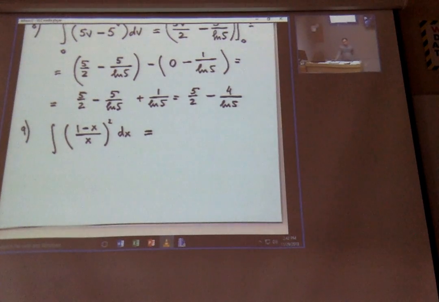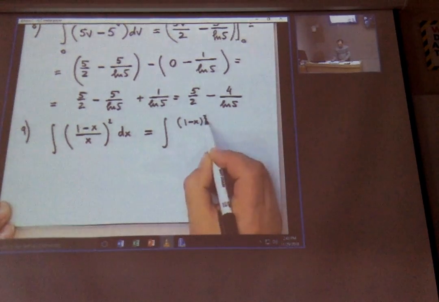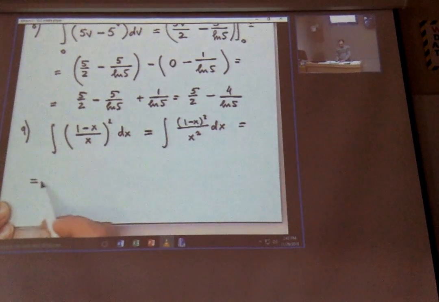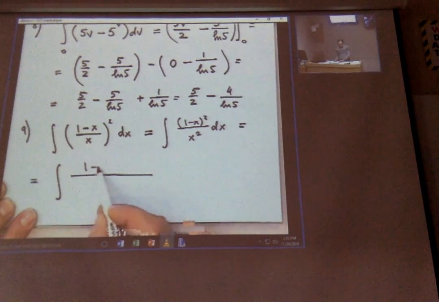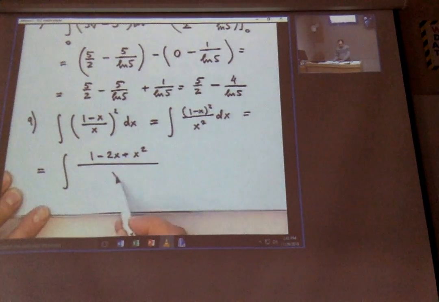So basically what you're saying, we should look at it like this. Well, let's try and see what we have. So let's square the top. So we have 1 minus 2x plus x squared over x squared dx.